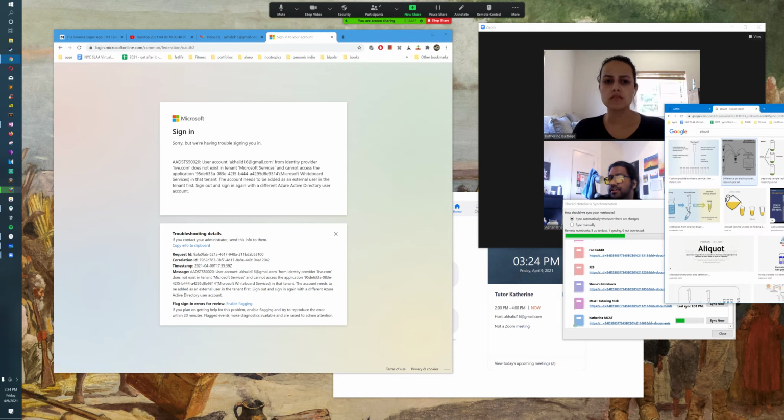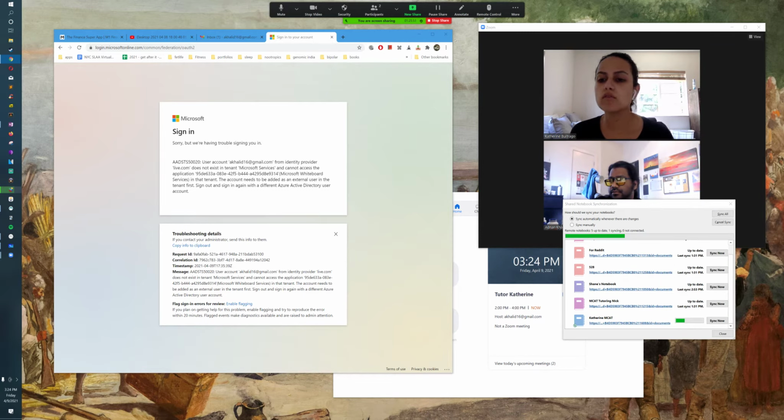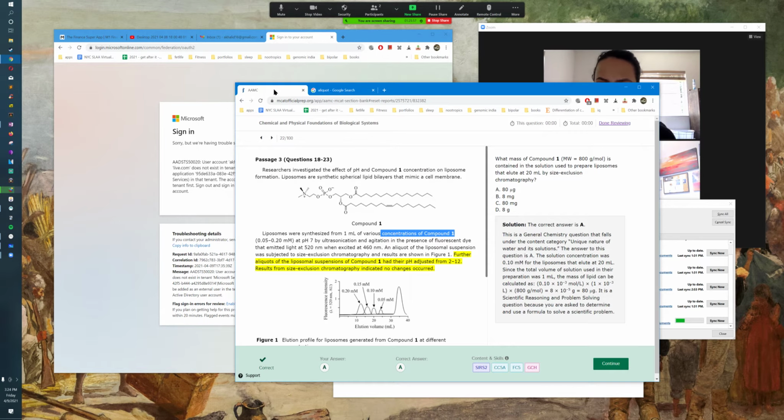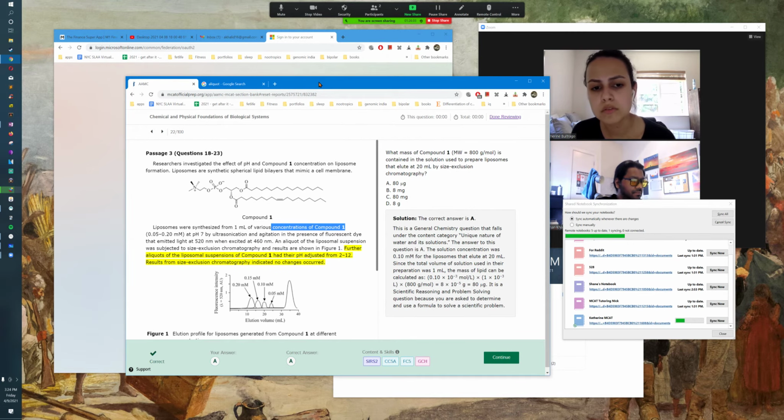So when you say 20 mLs were eluted, it's 20 mLs of that particular solution that has a concentration of 0.1 millimoles?